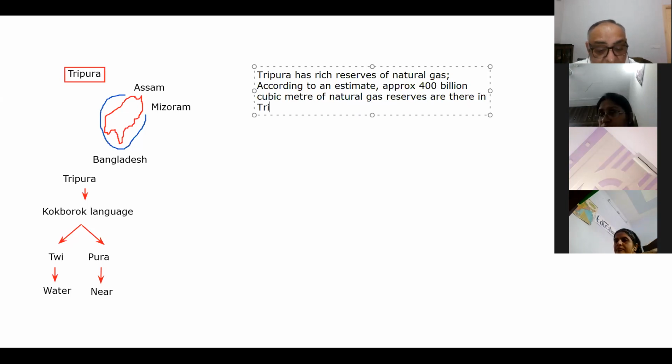So there are many natural gas reserves in Tripura.